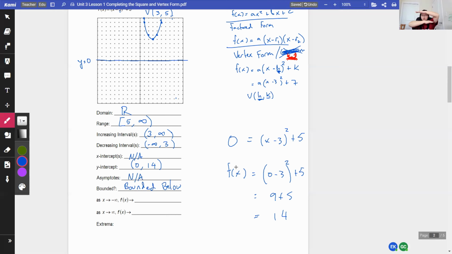But since we don't have the bounded sandwich, we can't just say it's bounded, but we can specify that it's bounded below because the range that we have is from 5 to infinity. This is bounded by the value 4, 3, 2, negative 6,724, negative a trillion. Yeah, negative 1,000 billions, right?